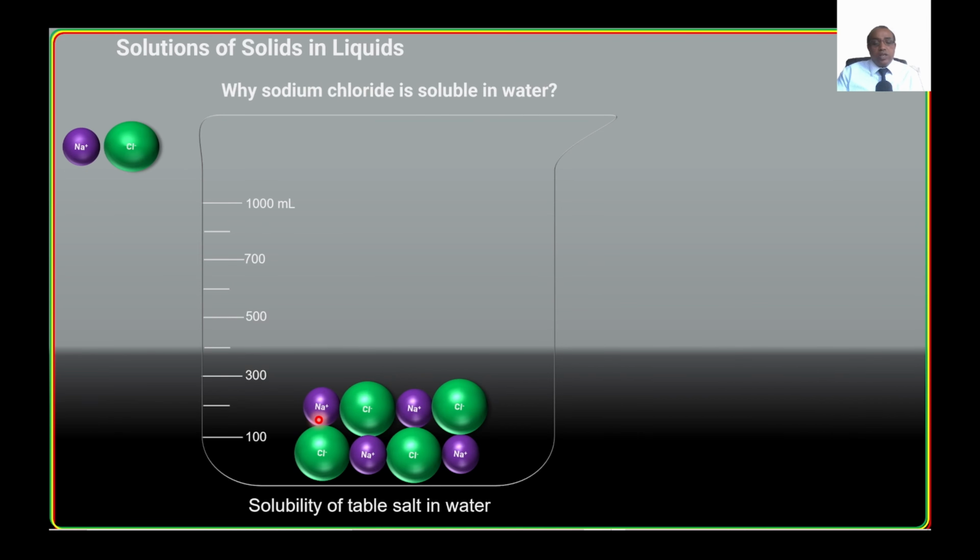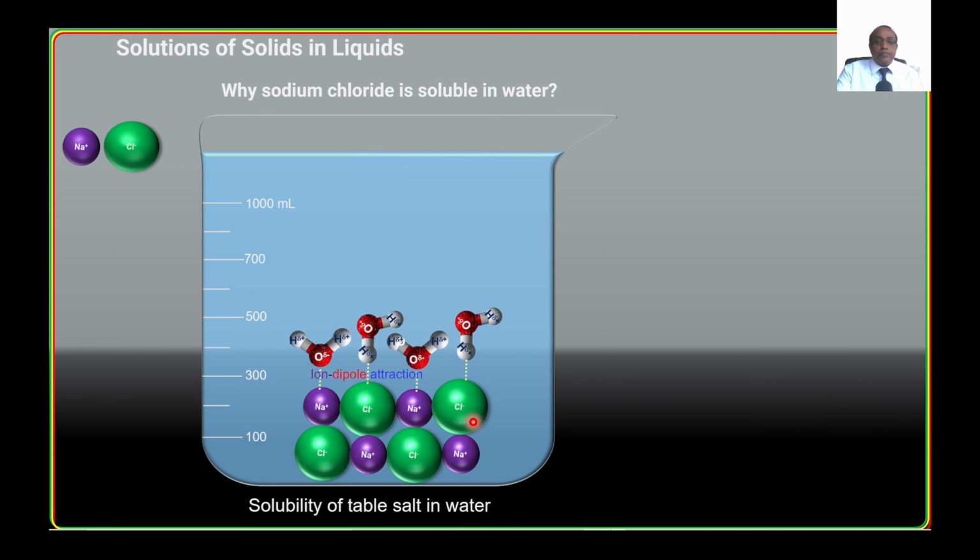So there is an ionic bond between the sodium and the chlorides. The actual structure is a little bit complex. Each chloride ion is surrounded by 6 sodium ions, and each sodium ion is surrounded by 6 chloride ions. But just to make it simple, let's assume that we have sodium chloride on the surface. What will happen if you add water to it?